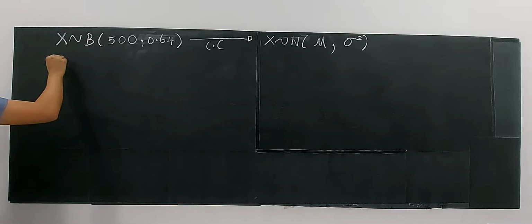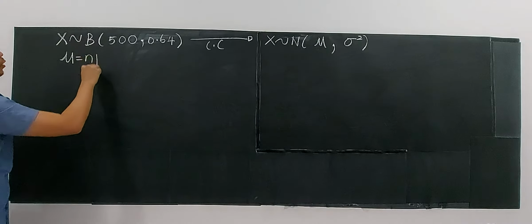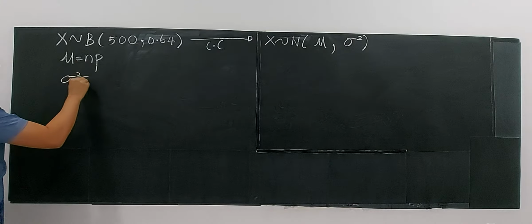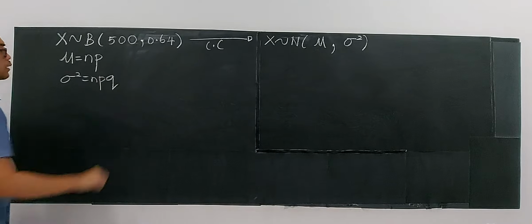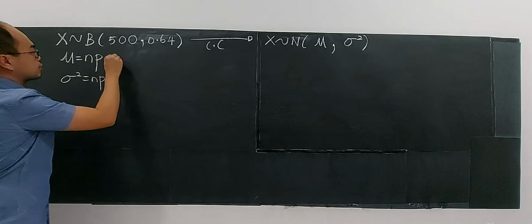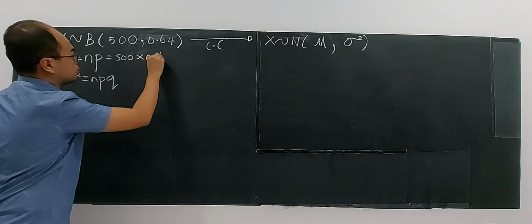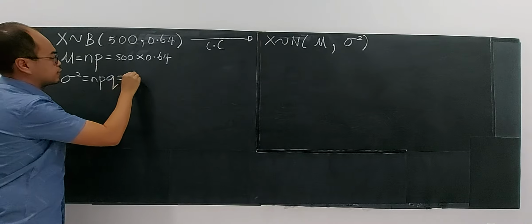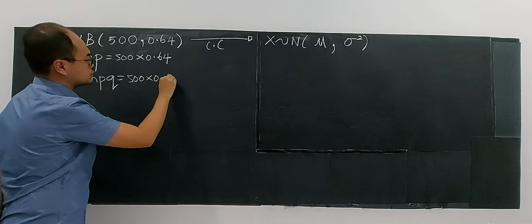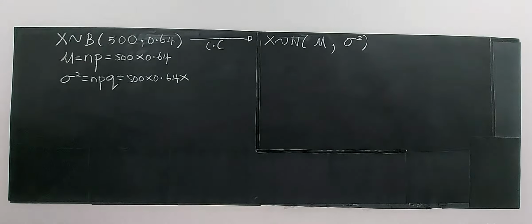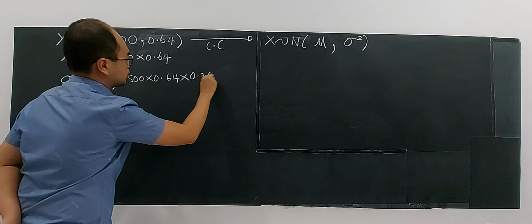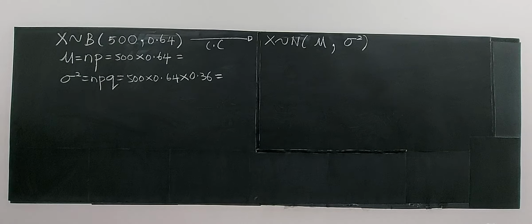The mean for binomial is np, and the variance is npq. np is 500 multiplied by 0.64. npq is 500 multiplied by 0.64 and multiplied by 1 minus 0.64, which is 0.36. After using the calculator, you find the value to be 320.